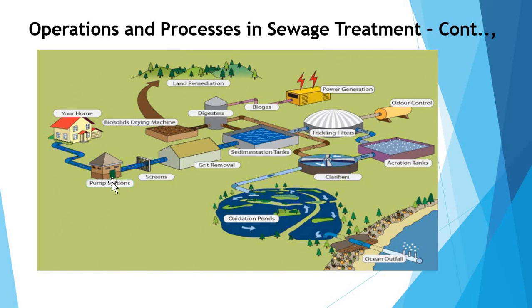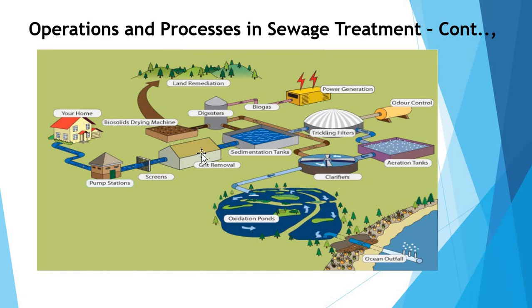The need for a pumping station basically depends upon the topography of your area, and the pumping station pumps the water out to the wastewater treatment plant, in which the first treatment unit is the screens, then the grit removal, and then the sedimentation tanks or the settling basins, as we call them.